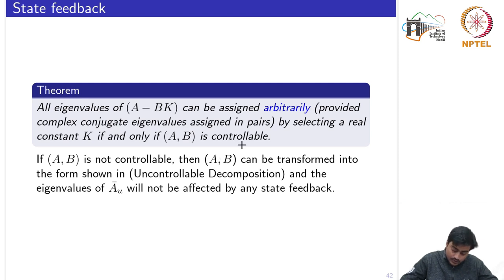So we only need to ensure that the uncontrollable component in that decomposition has its eigenvalues on the left hand side, because for the controllable part we can place the eigenvalues anywhere, but we cannot change the eigenvalues of the uncontrollable part. If we ensure that the eigenvalues are on the left hand side, then we can at least ensure the stability of the system.